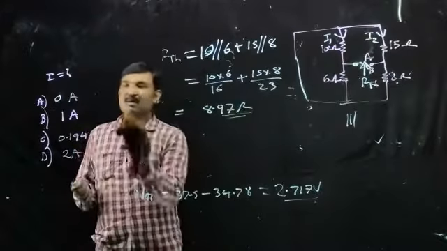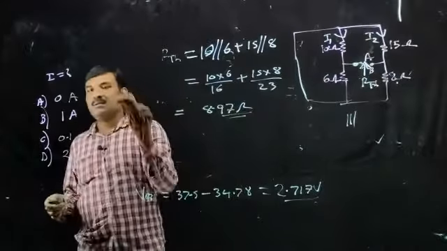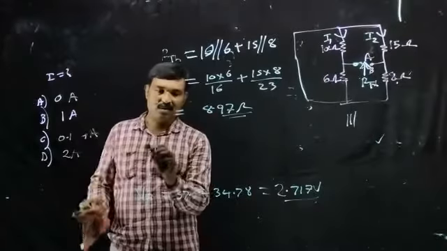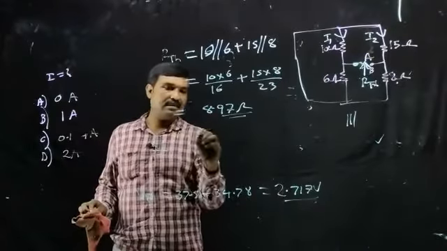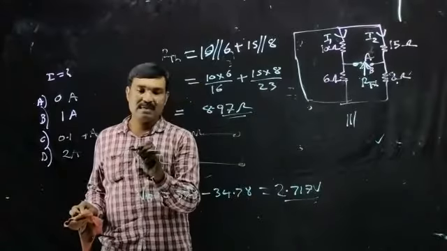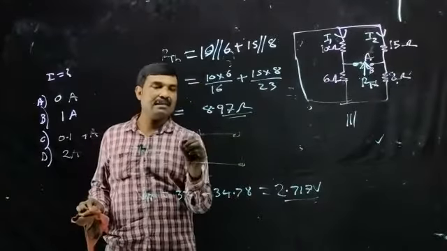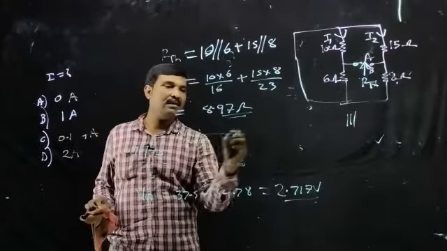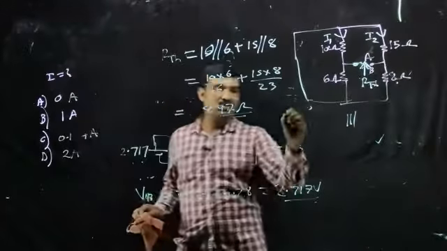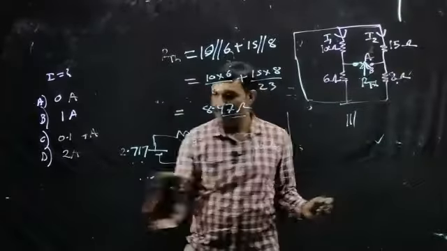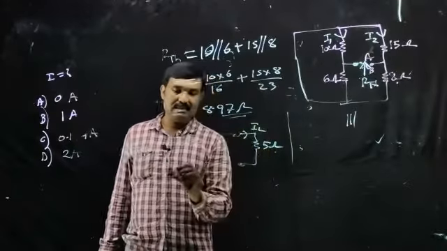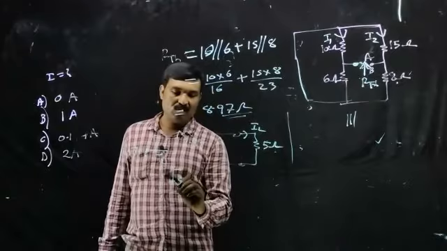Now draw the equivalent circuit, with the Thevenin voltage. Then we can connect the load here. The value of Thevenin's equivalent voltage is 2.717, RTH is 8.97, and we can connect the load of 5 ohm here. From this, we can determine the load current IL, the current flowing through the 5 ohm resistance.